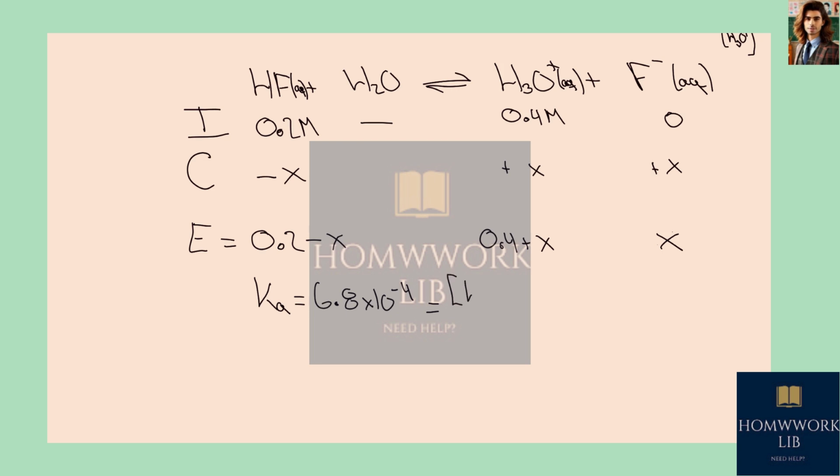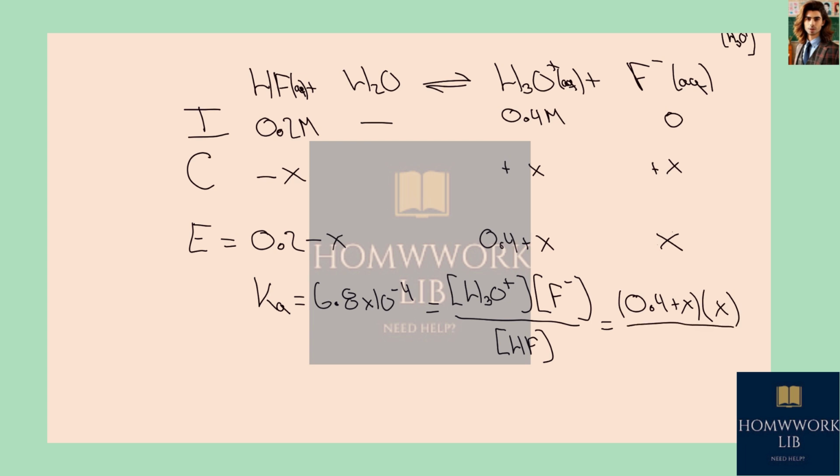This is going to be the concentration of H3O plus times the concentration of F minus divided by the concentration of HF. So this becomes 0.4 plus x times x divided by 0.2 minus x. Right?